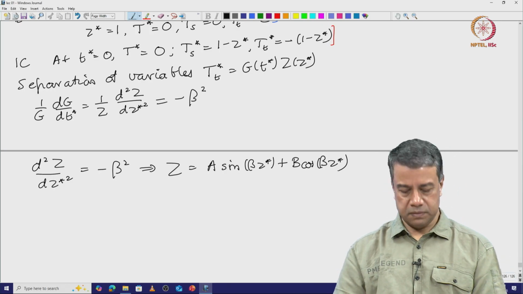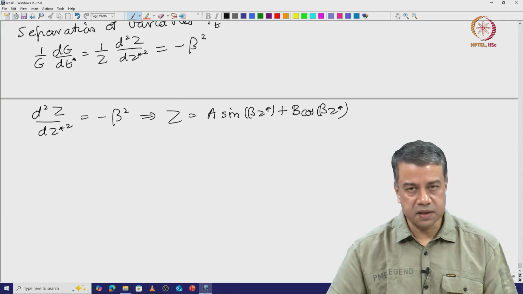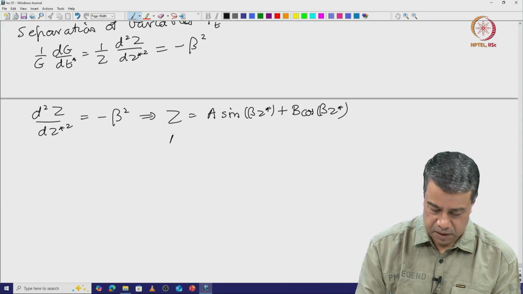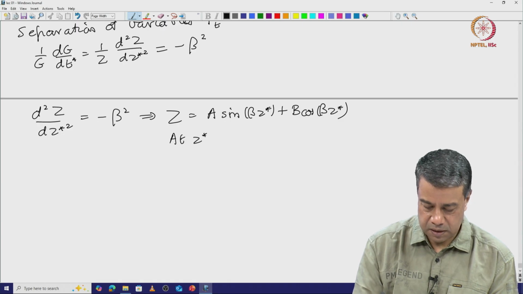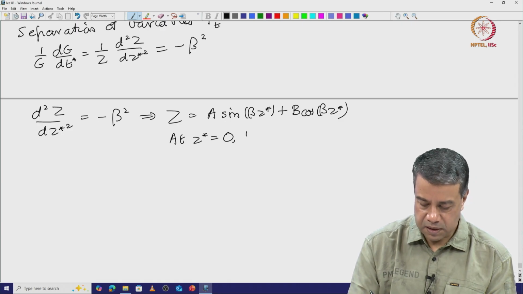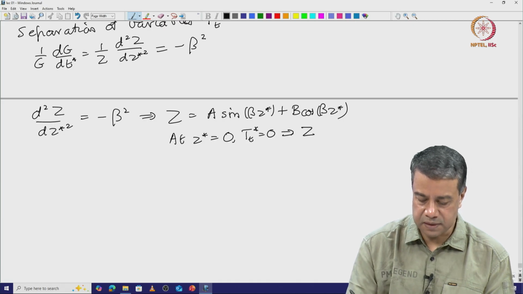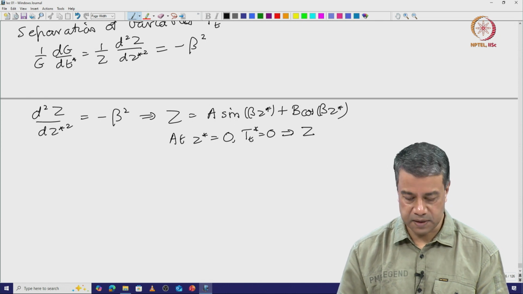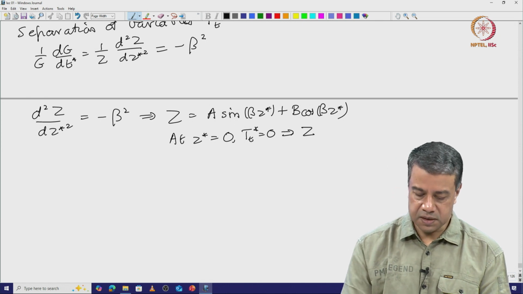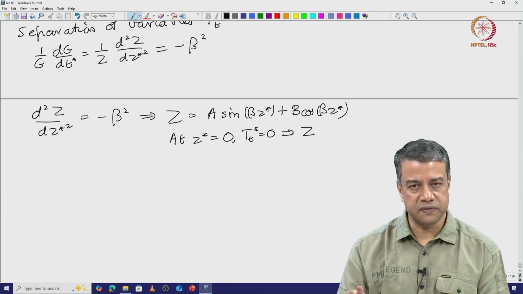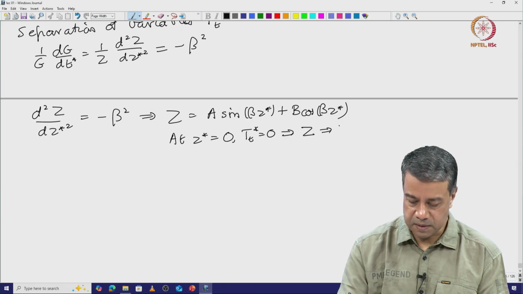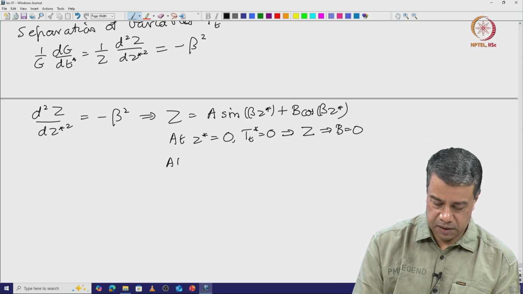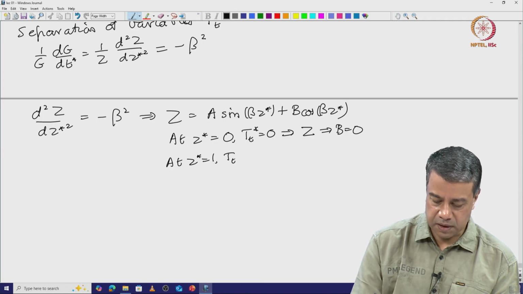Now the boundary conditions in the spatial coordinate. At z star is equal to 0, T transient is equal to 0, which implies basically that Z is equal to 0, because that is the only part that is dependent upon position. In this equation, the sine function is 0 and the cos function is 1. Therefore, this implies that b is equal to 0.